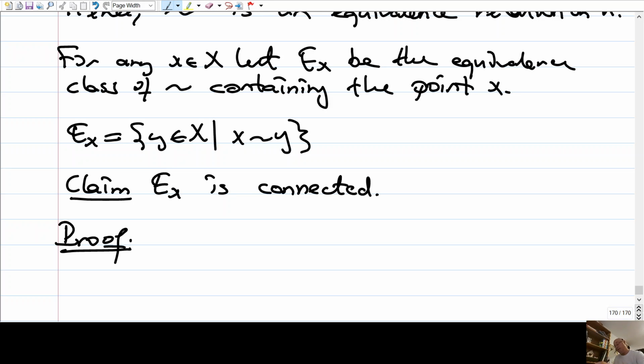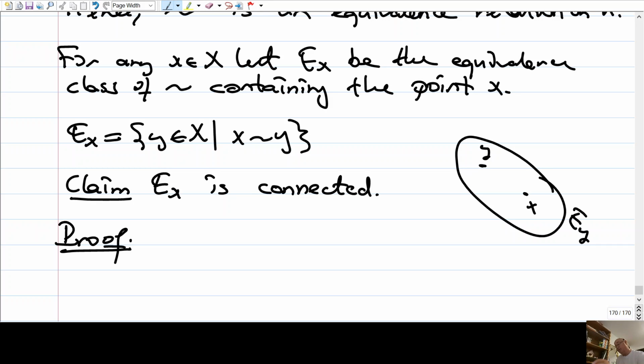The reason is very simple. So x is here. For any y in E_x, you have some connected subset containing both x and y. Such a set exists because x and y are related.